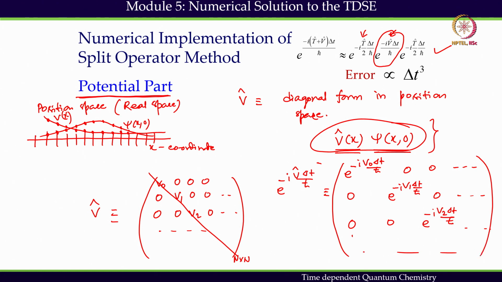It is going to be a diagonal matrix. So the potential part of this propagator is very simple. Under grid representation, the potential operator gets a diagonal form. So I have this exponential part very easily evaluated.